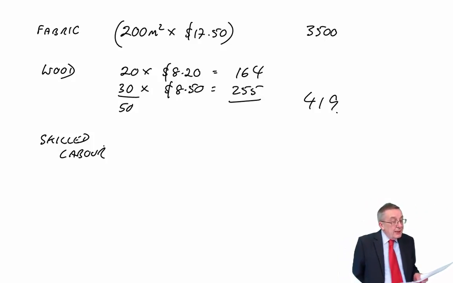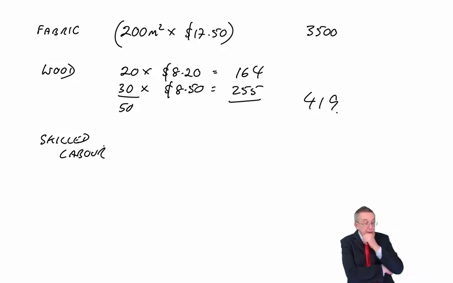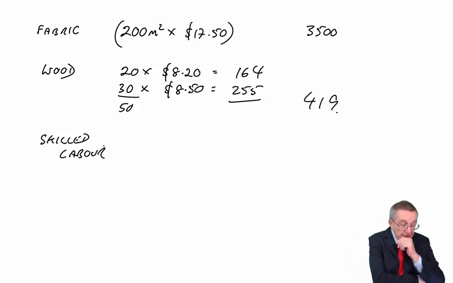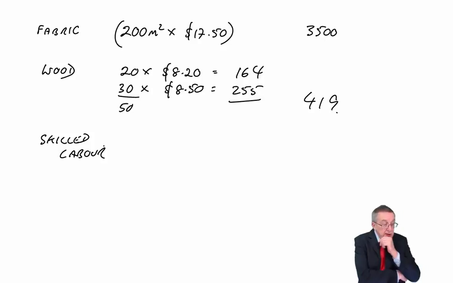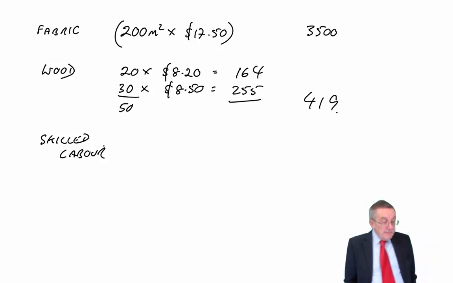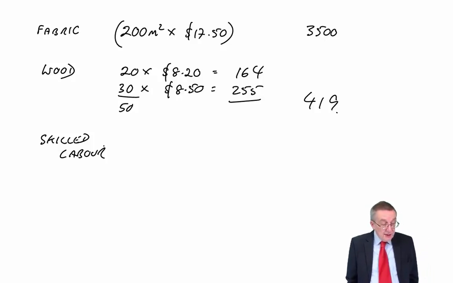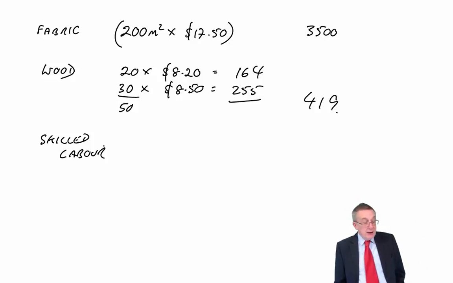But what does it say below? Note 3. The skilled labour is employed under permanent contracts of employment under which they must be paid for 40 hours a week, even if their time is idle. So even if they're doing nothing, you've got to pay them for 40 hours a week, whatever happens.